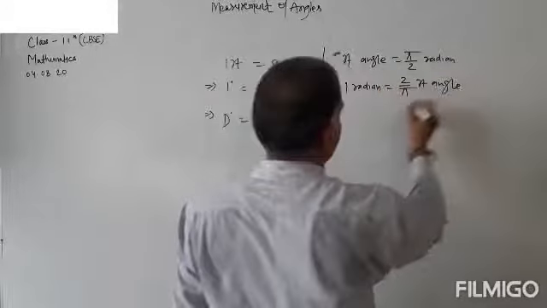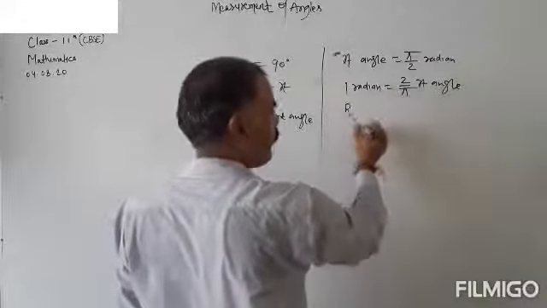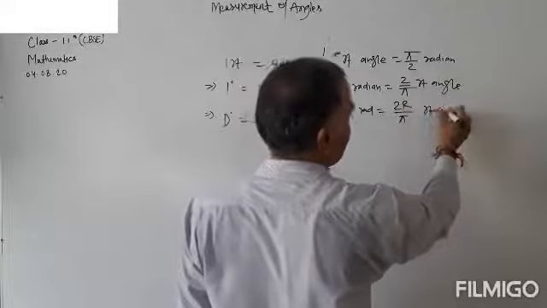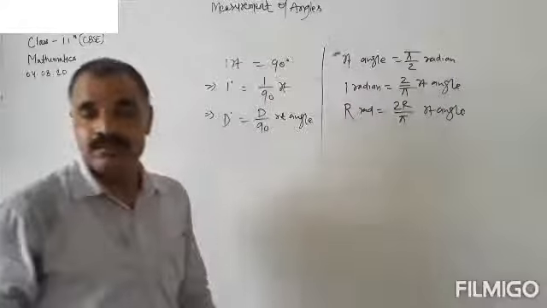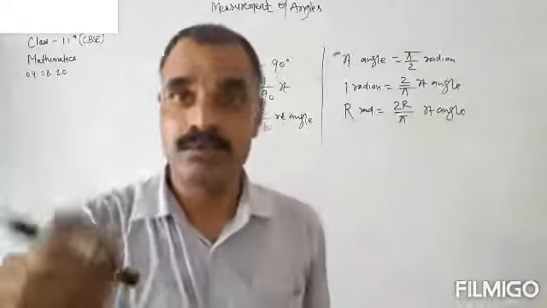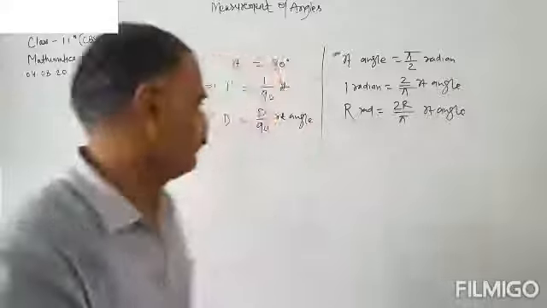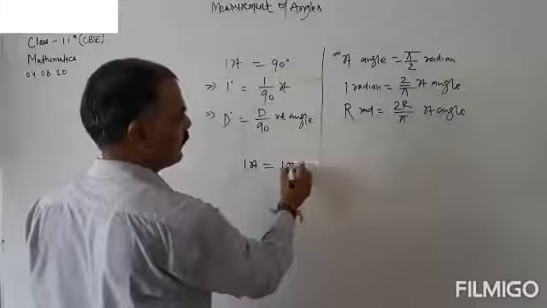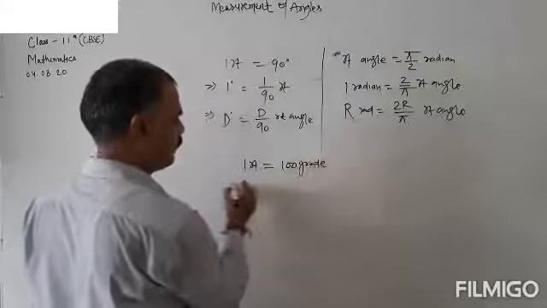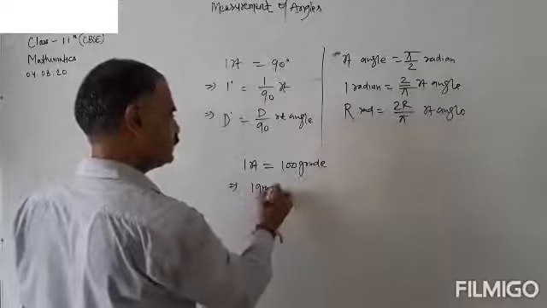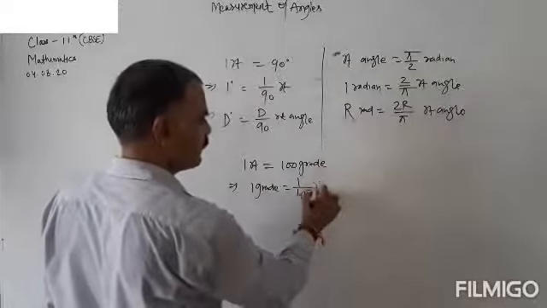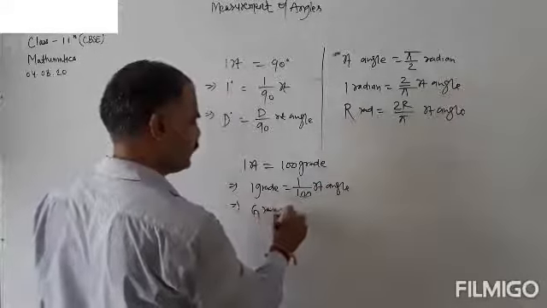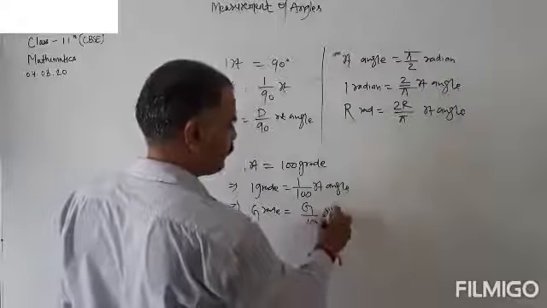So r radian equals 2r upon pi right angle. This is the second measurement of angles. Now third is grade. We know that 1 right angle is equal to 100 grade, which implies that 1 grade is equal to 1 upon 100 right angle. So g grade is equal to g upon 100 right angle.